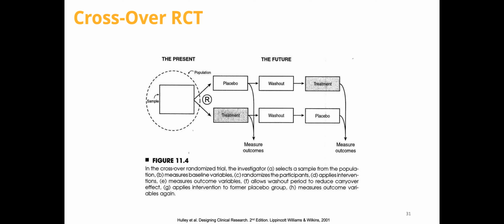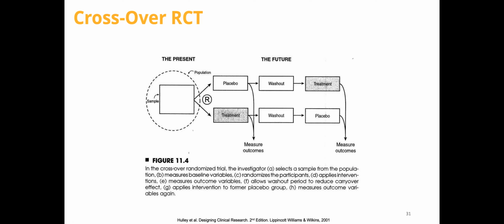Some of the assumptions for this crossover RCT design are that the treatment has an acute effect, not a chronic effect, so that after you stop taking the treatment and you institute the washout period, there's not going to be any lasting effect of the medication after that period. So it's specific to those types of medications.